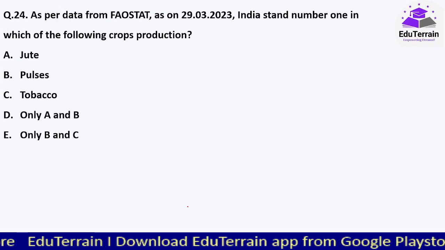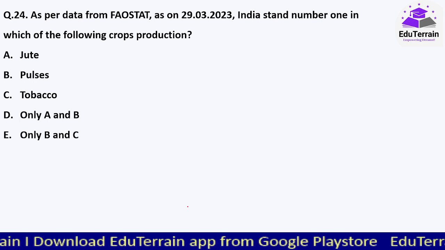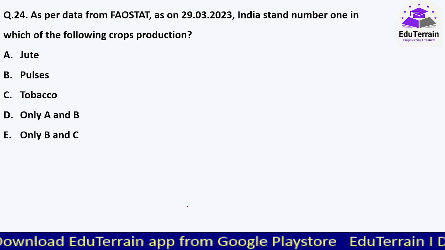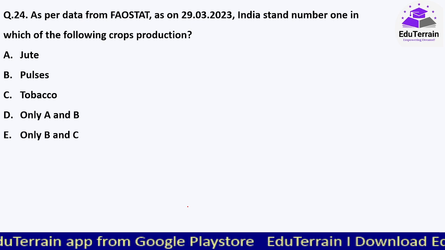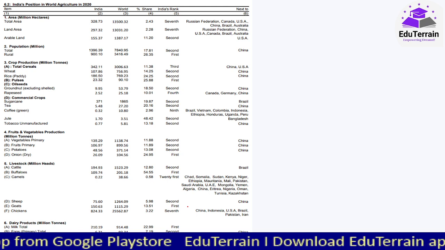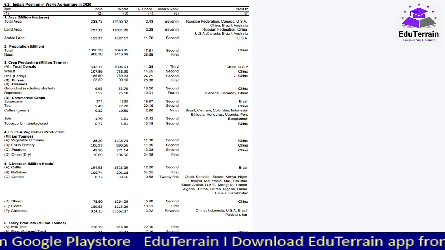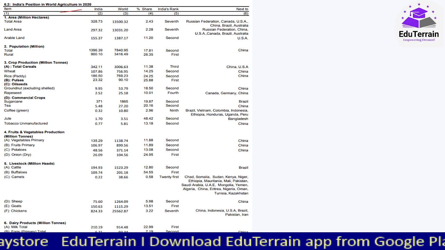Okay, as per the data from FAO stat, as on 29/3/2023, India stands number 1 in which of the following crops production. ये थोड़ा पुराना डाटा है क्योंकि नया वाला डाटा अभी रिलीज नहीं हुआ है, so we'll stick to that only, and in this it is pulses that we stand number 1, as you can see here. India's position in world agriculture.